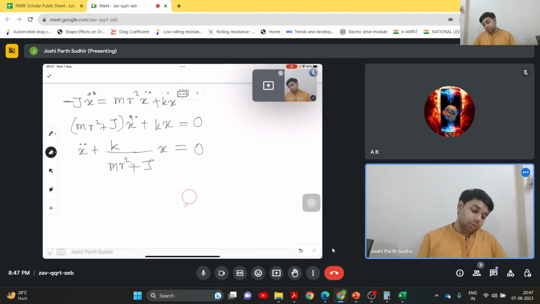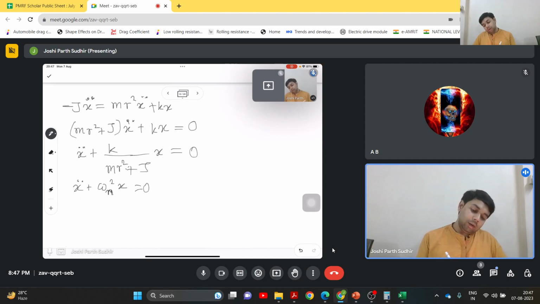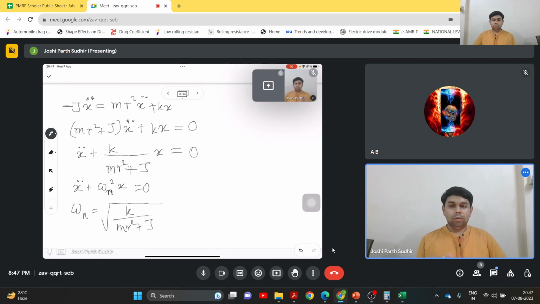Therefore, if we compare it with this form, x double dot plus omega n square into x, where omega n is the natural frequency, then we can write that omega n is root of k by mr square plus J. So this is how we can solve this problem. Any questions on this?